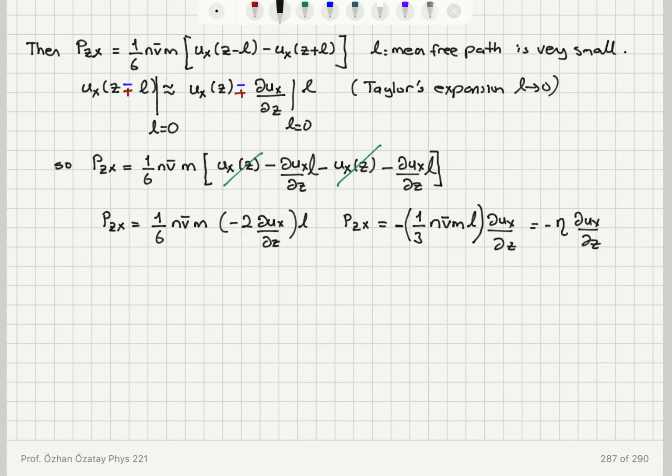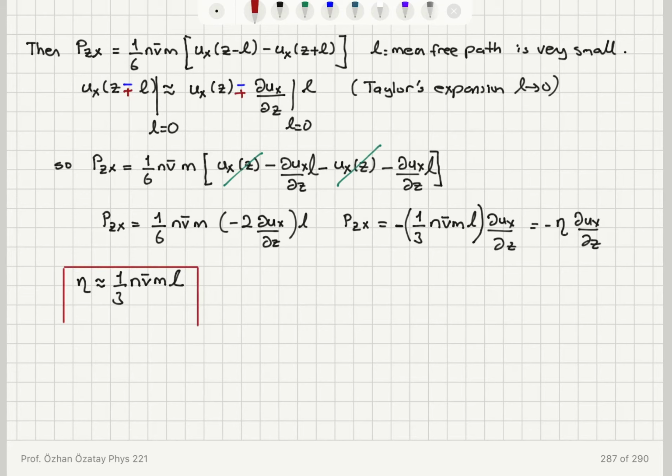So we have found that the viscosity can be estimated as 1 over 3 the number of molecules per volume, the mean speed per molecule, the mass of one molecule, multiplied by the mean free path.